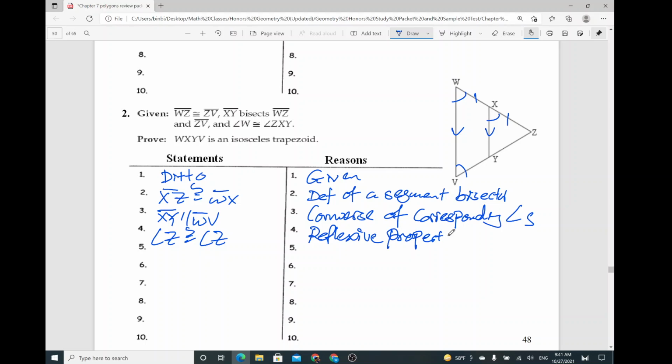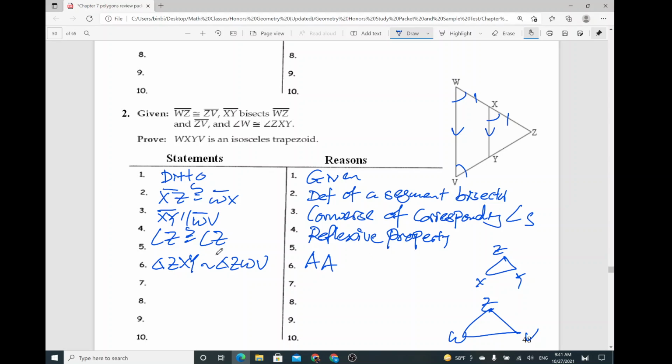So one thing that we want to show here is that triangle ZXY is similar to triangle ZWV. By using this one and also the corresponding angle, we can say that triangle ZXY is similar to triangle ZWV by using the angle similarity theorem.